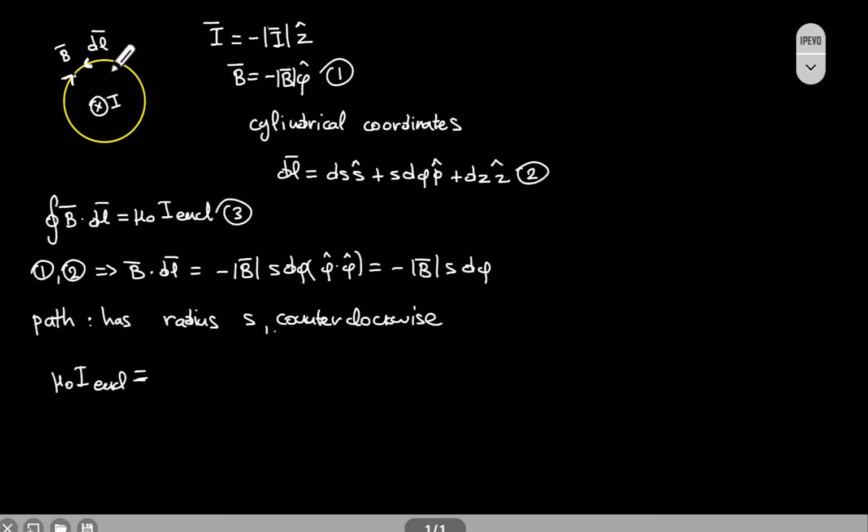Alright, now pay attention here. According to the direction of integration, which is counterclockwise, this is my path, a positive current will have to flow out of the page. So using the right hand rule, a positive current will need to flow out of the page.